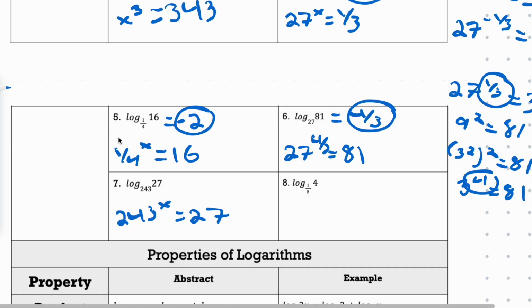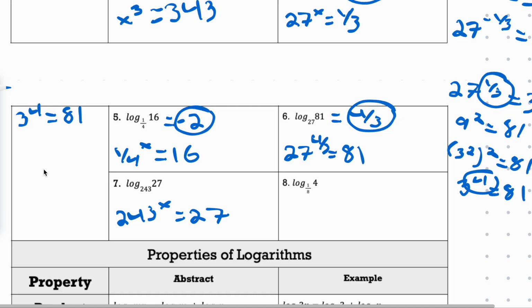So how do we break 243 down into 3? Well, here we know that 3 to the 4th is 81. I'm just going to borrow that. 3 to the 4th is 81. And now, how do I go from 81 to 243? Well, how I would guesstimate is I'd say, hey, 80 times 3 is 240.